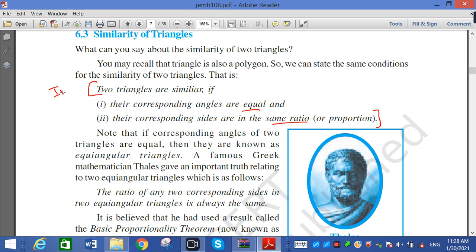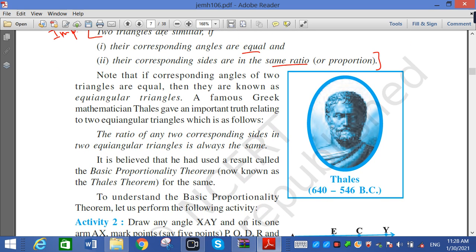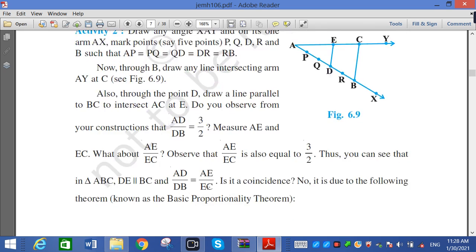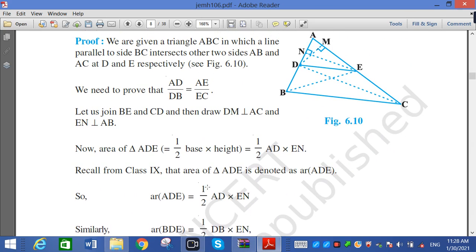That is an important statement related to the similarity of triangles. So the ratio of any two corresponding sides in two equiangular triangles is always the same. It is called the basic proportionality theorem, or we can say Thales theorem. So today we want to discuss this theorem first, called Thales theorem or basic proportionality theorem.